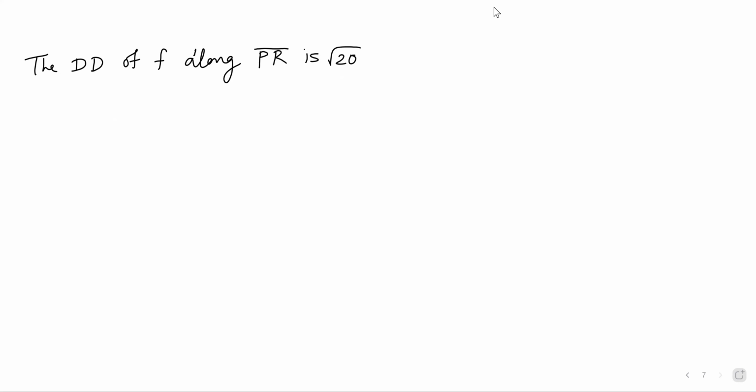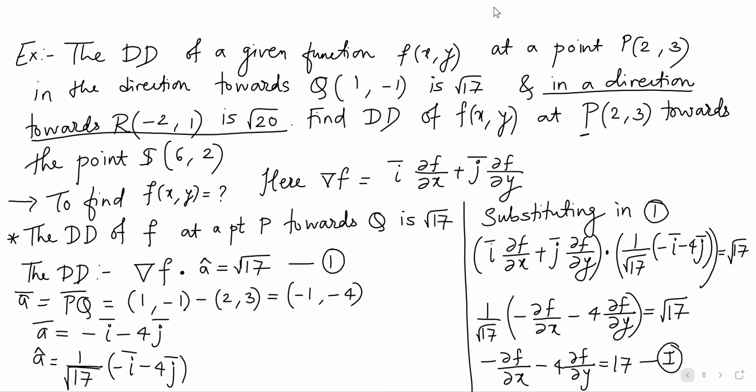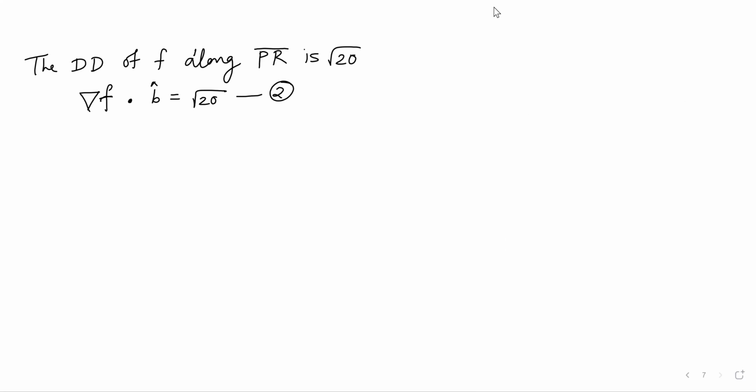So that means it is del f dot, I'll call it b cap, equal to root 20. So here we call this equation number 2. And what is R? P is 2, 3 and R is minus 2, 1, correct?